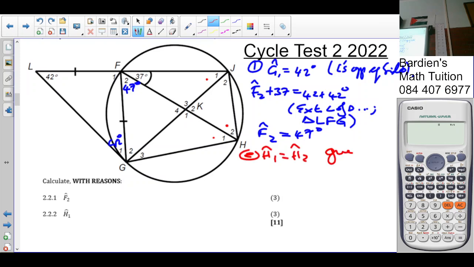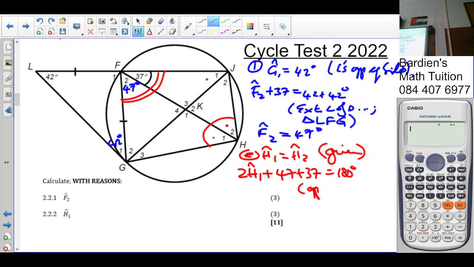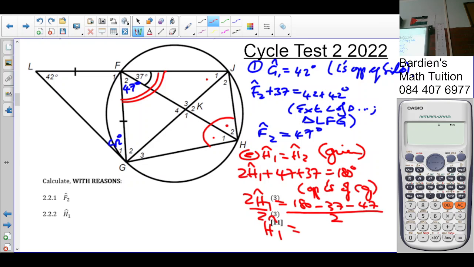It was given. So we know that angle H1 and H2, the combination thereof, plus that angle adds up to 180. So I say H1 plus H2, which is 2H1, plus 47 plus 37 is equal to 180. Why? Opposite angles of a cyclic quad. So 2H1 is equal to 180 minus 37 minus 47, divided by 2. So angle H1 works out to be 48 degrees.